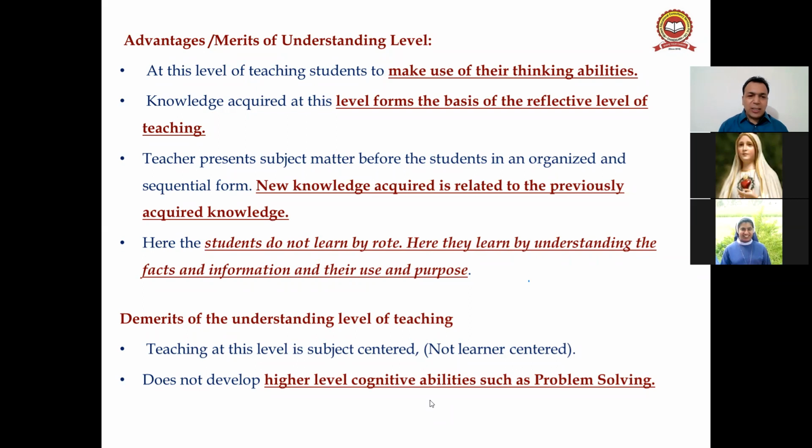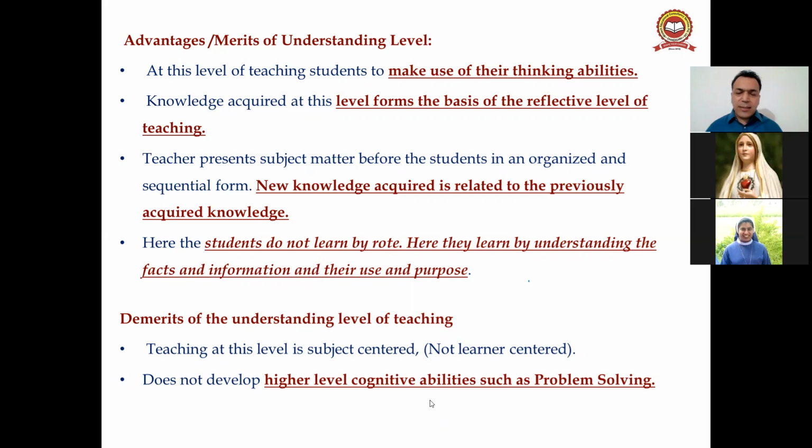Next, the teacher presents subject matter before the student in an organized and sequential form. New knowledge acquired is related to the previously acquired knowledge. Right, guys? Here the students do not learn by rote. Here they learn by understanding the facts and information and their use and purpose.